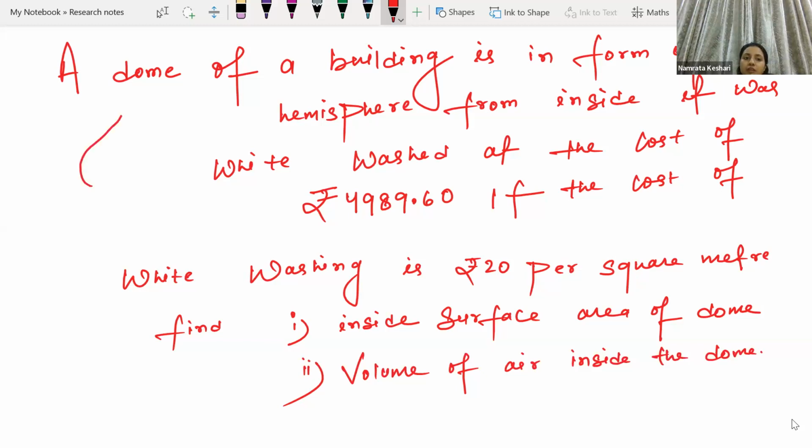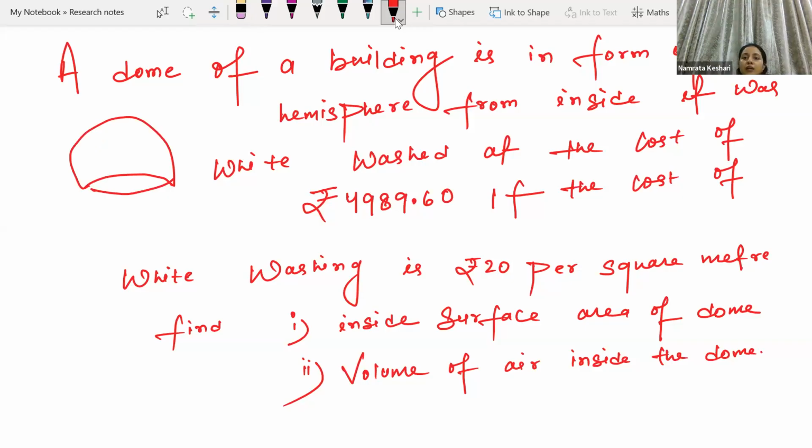Basically, you must have seen this type of structure on the top of a building, right? This one is in the shape of a hemisphere, like this.